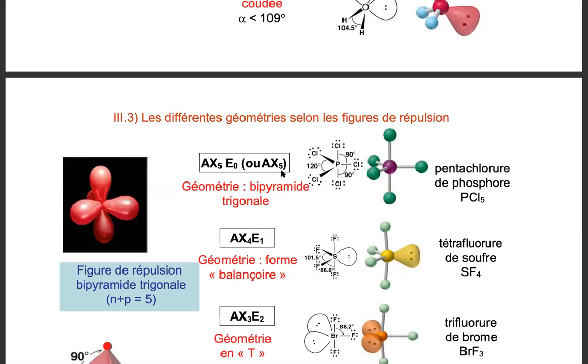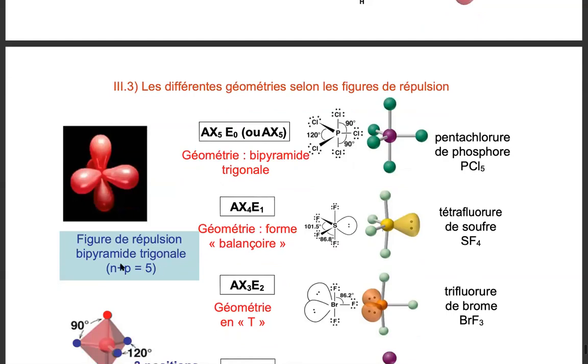We have 0 non-bonding electrons, and therefore the repulsion figure for the trigonal bipyramid will be N equal to 5 plus P equal to 0, and we are going to have a 5.